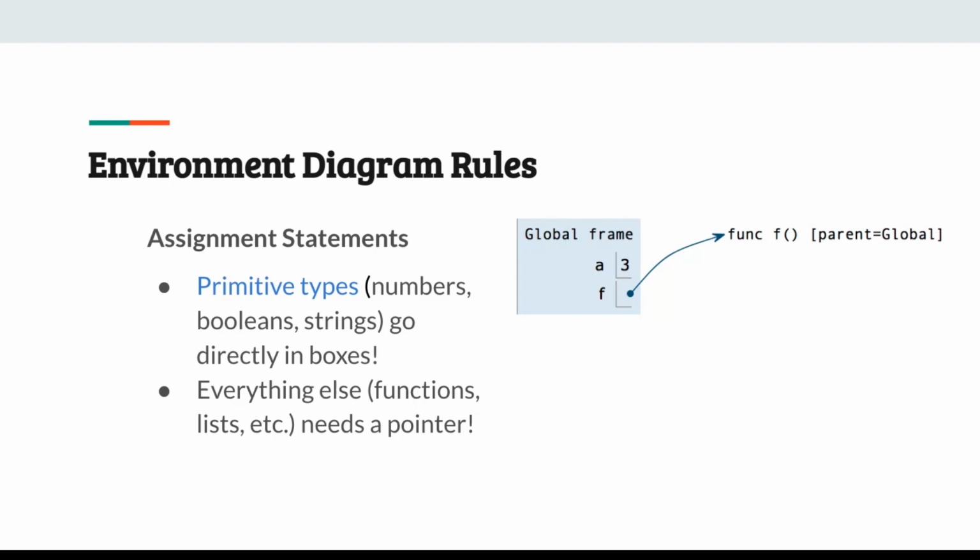And in this case, we defined a function called f. f has no parameters, and our parent is always global in this case because we're not inside another function at the moment. Does anyone else have any questions about this?